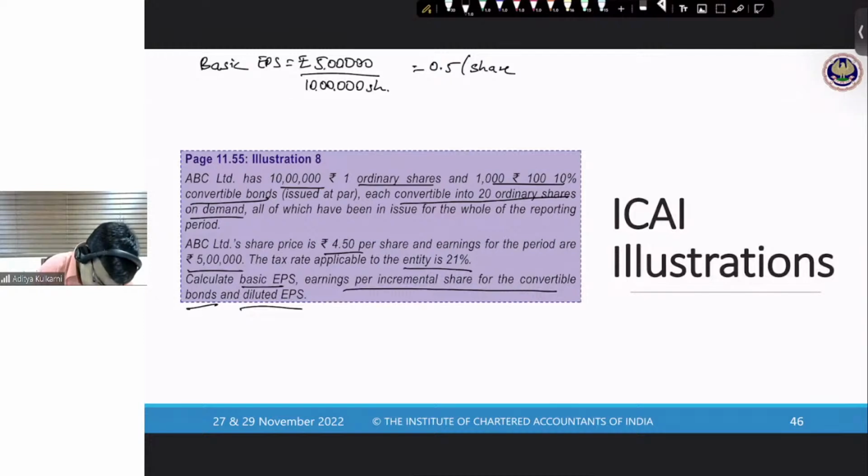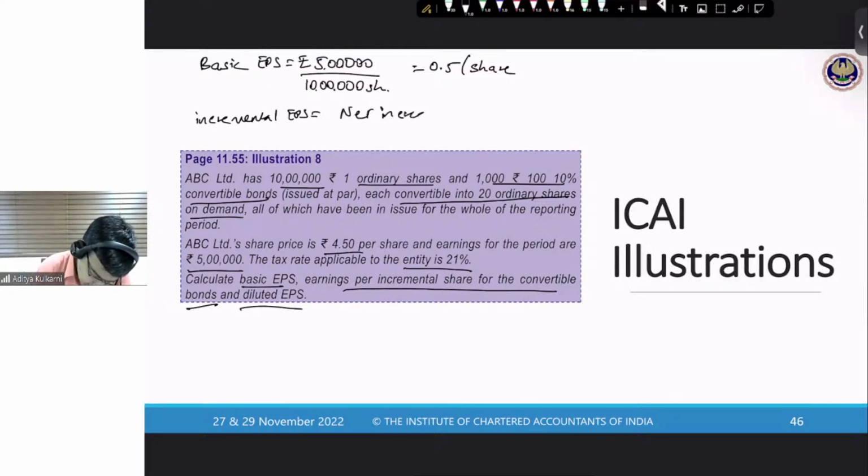Okay. Incremental EPS. Because of conversion, what is happening? Sir, because of conversion, my earnings are increasing.